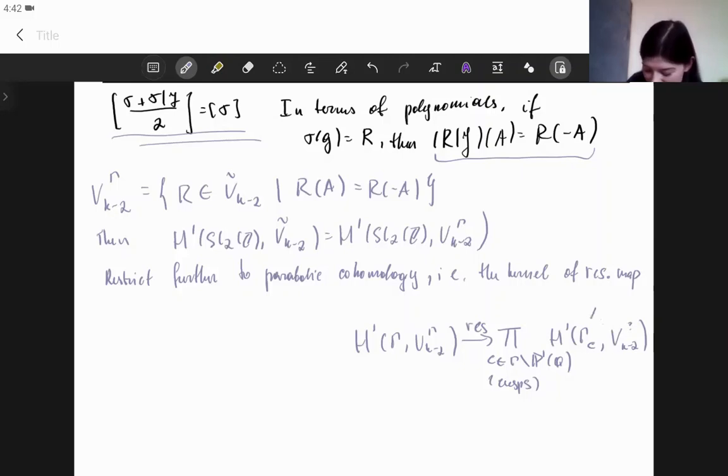Okay, so this gamma_C is a stabilizer at the cusp. Okay, so this is the restriction map, and then the parabolic homology group is going to be the kernel.